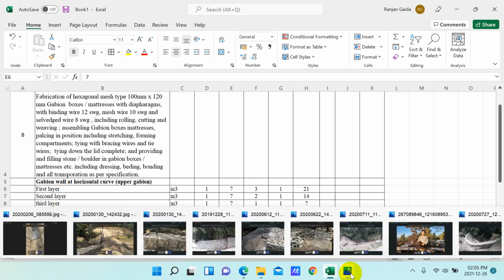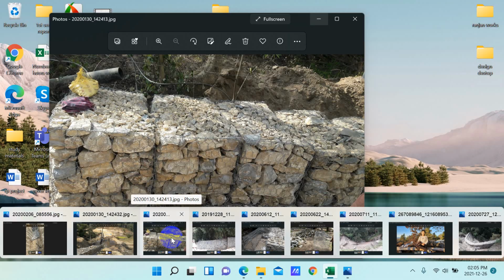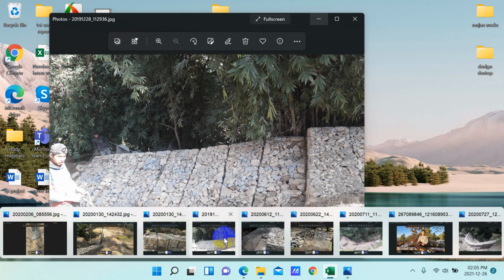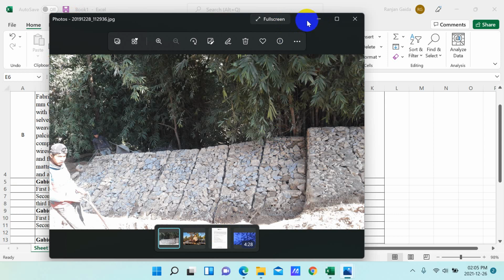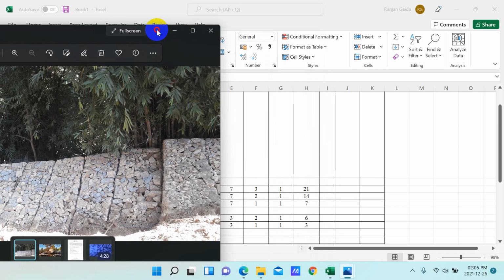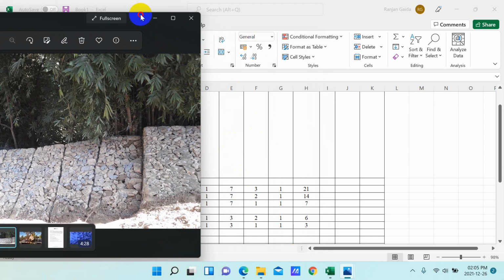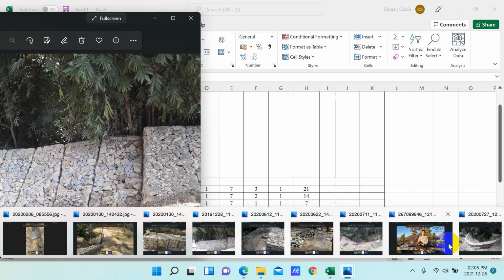And second layer means the layer that we generally keep at the top of the gabion wall. As we can see in this, the gabion wall will have a total length of 7 meter, and this 2 meter is, we generally keep 0.5 meter from this side and from this side, as we have seen in the next figure.